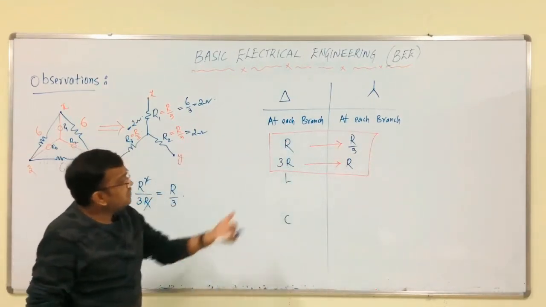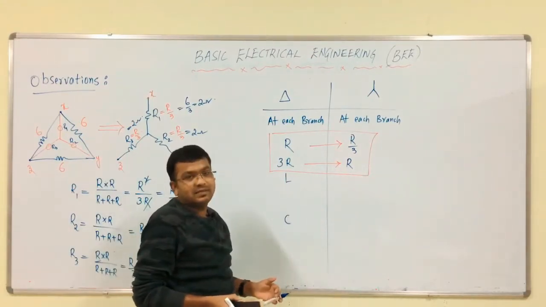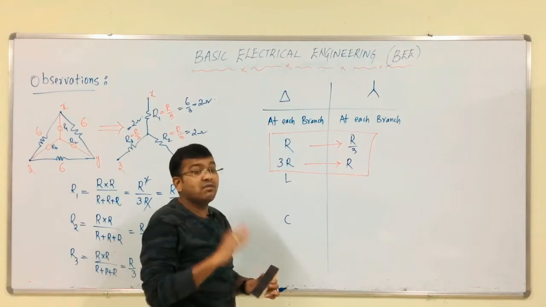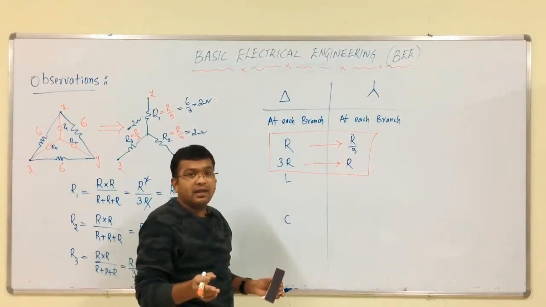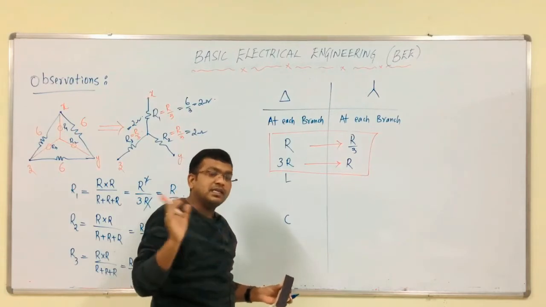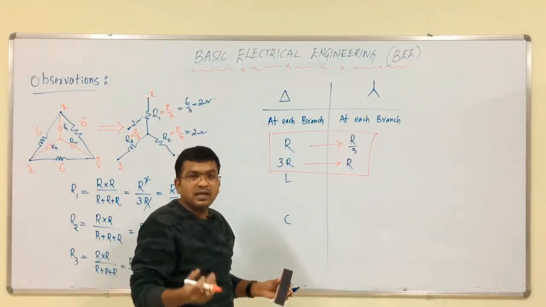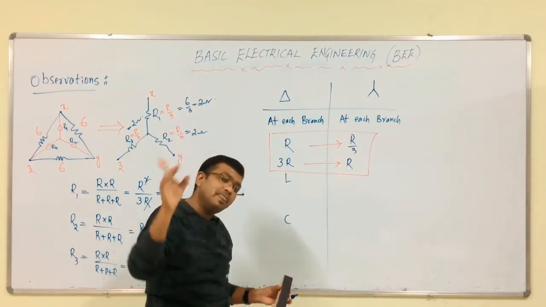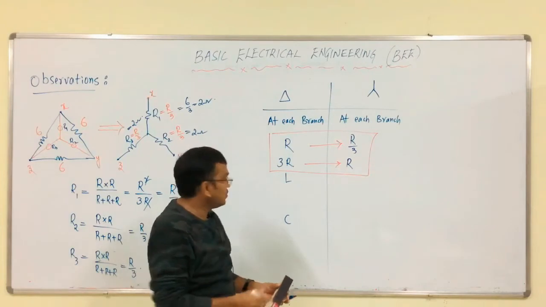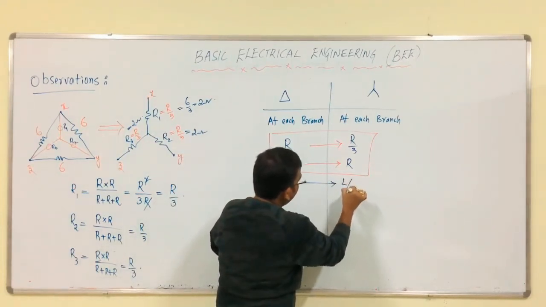This is in the case of R. The same can be applied to inductance. What have we observed in the case of R, L, C elements? In the case of R and L, if the elements are connected in series, the equivalent resistance or inductance is the summation of their individual values. So in the case of L also we get L by 3.